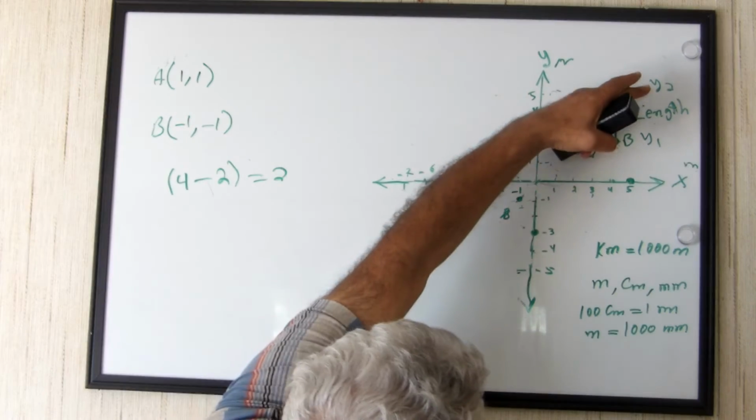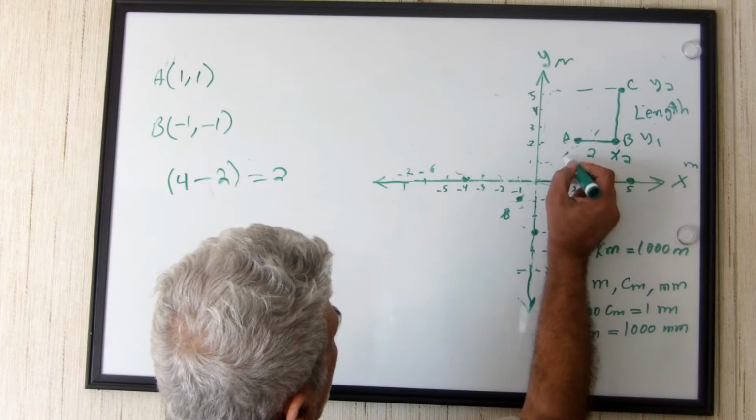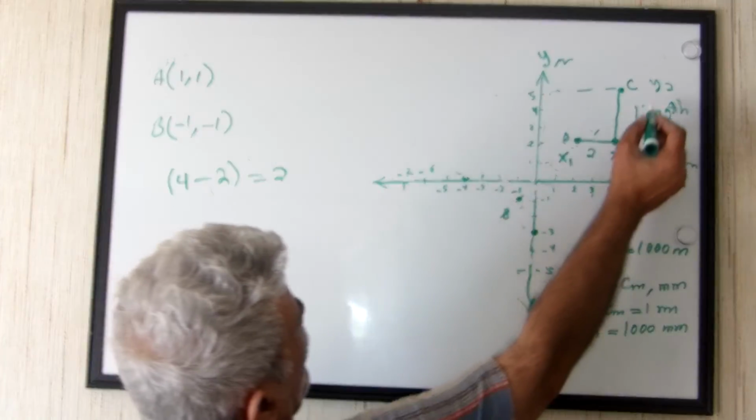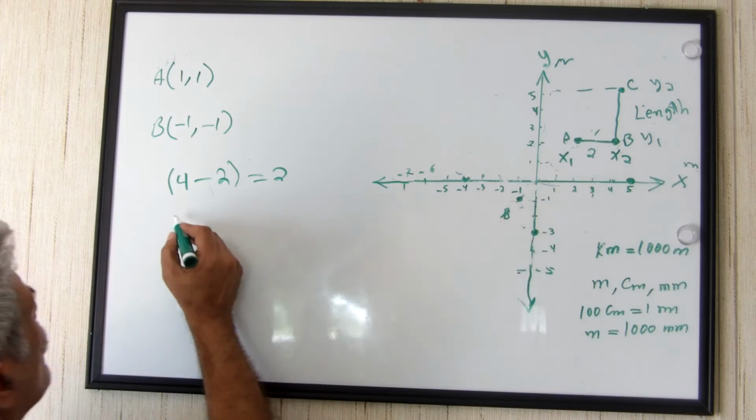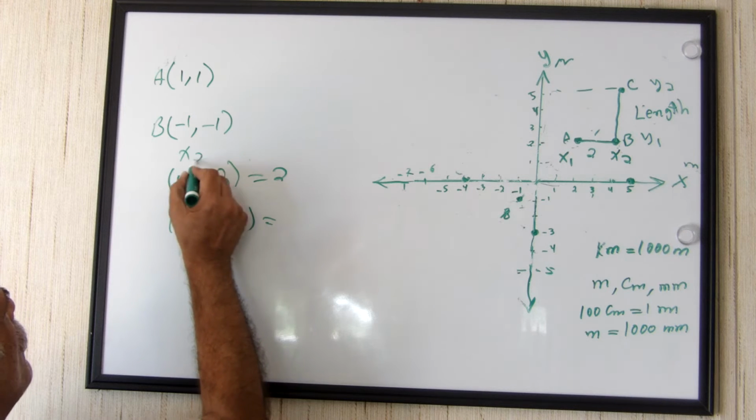So you subtract y2 minus y1, just as before it was x2 minus x1.